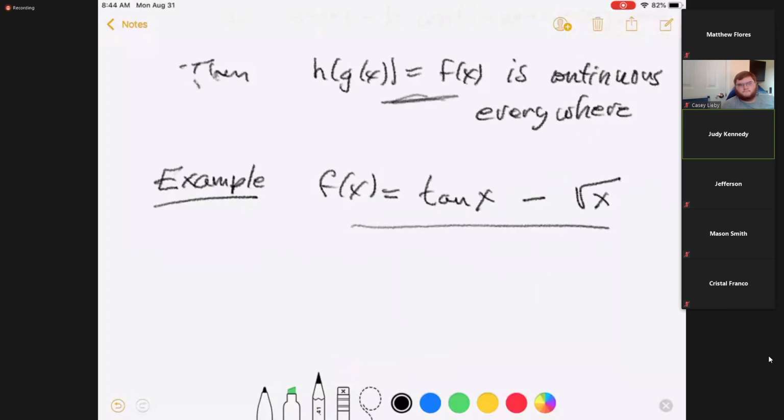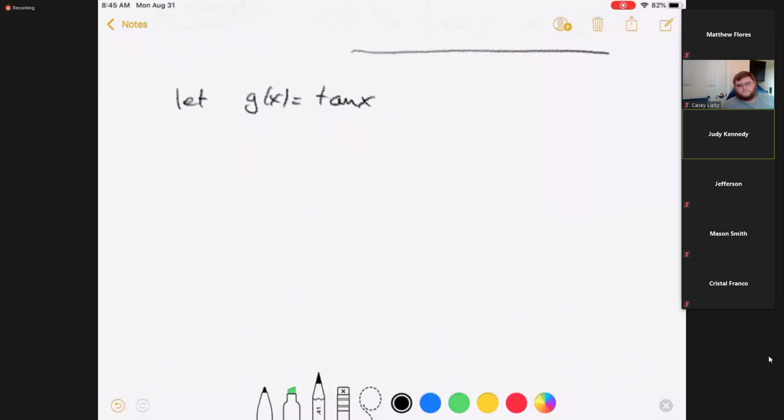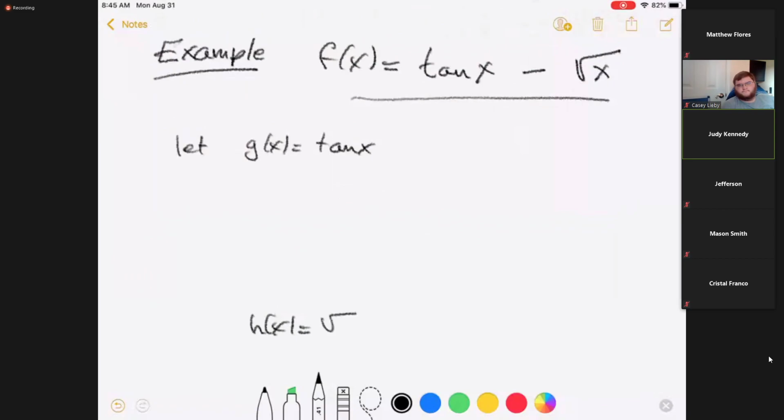As this is a difference of two functions, we have to worry about where each of the functions is continuous. So let's break it up. Let g of x equal the tangent of x, and h of x equal the square root of x.